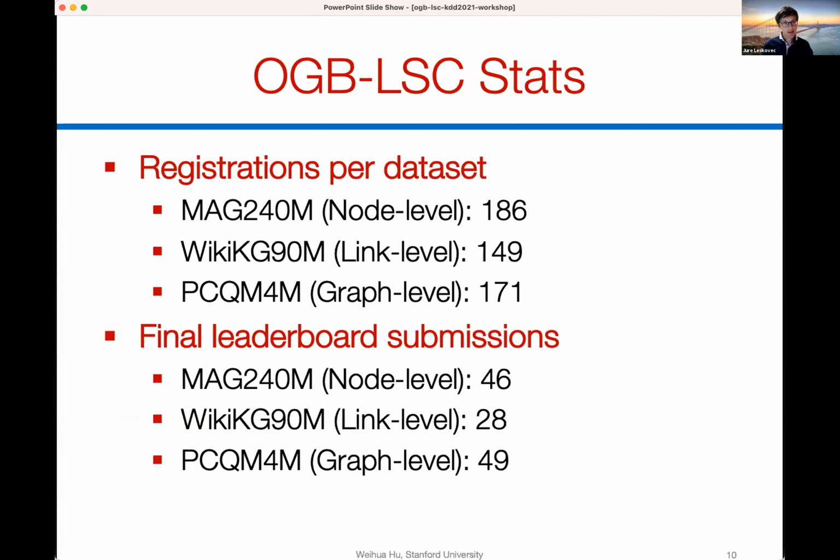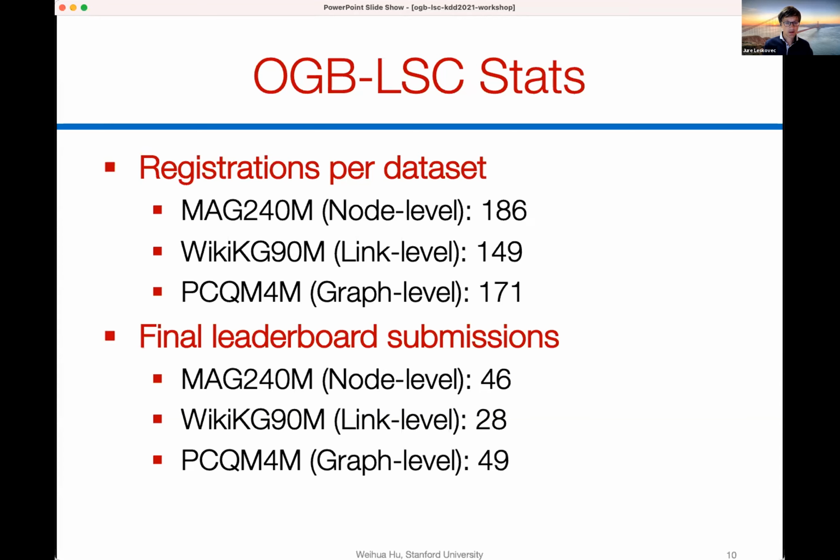For the 3 different data sets we released a node classification, node level prediction data set, a link level prediction data set, and an entire graph level prediction data set. And we see that the interest across these 3 different tasks was quite even. So about 150 to 180 teams registered for each of the data sets.